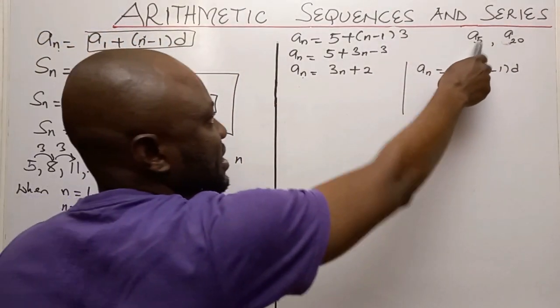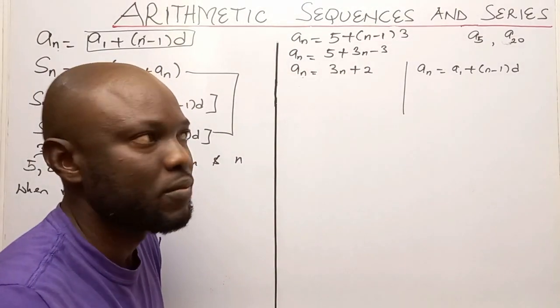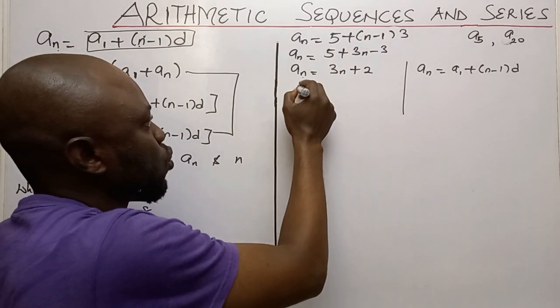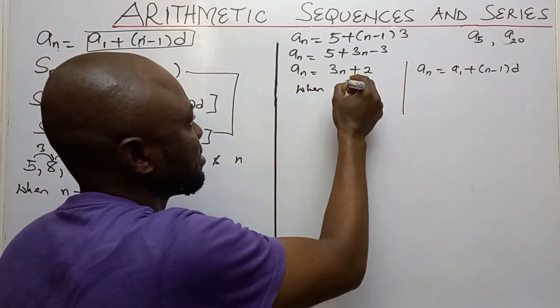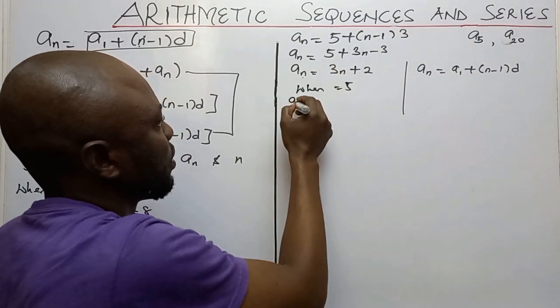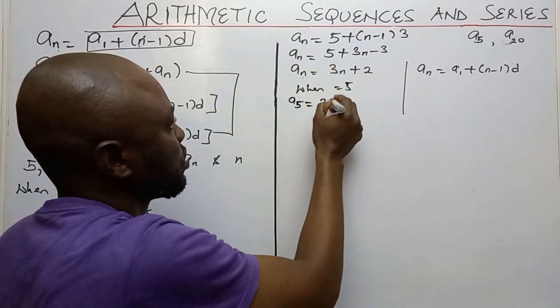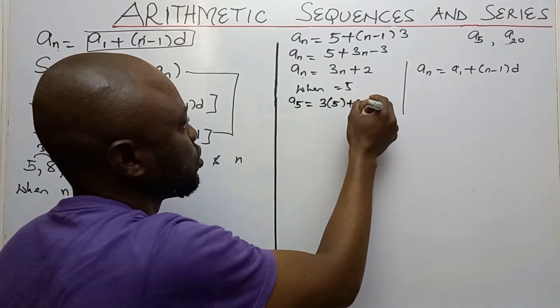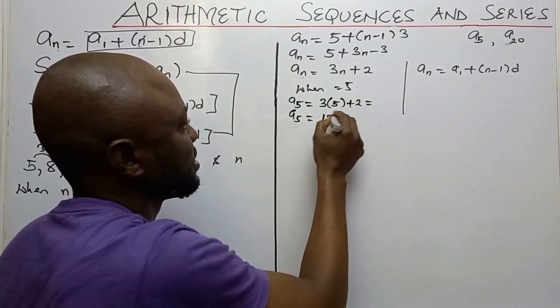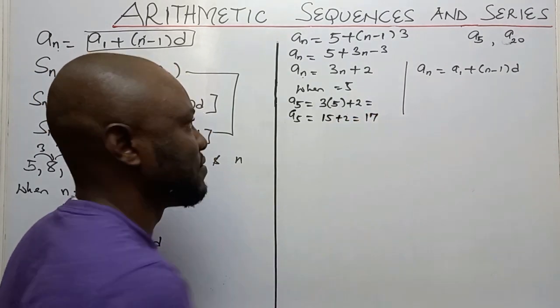Now, if we want to find the 5th term, that means when we want to get a sub 5, n is 5. If I plug in 5 here, a sub 5 will be 3 times 5 plus 2. So a sub 5 will be 3 times 5 is 15, plus 2, which is 17.